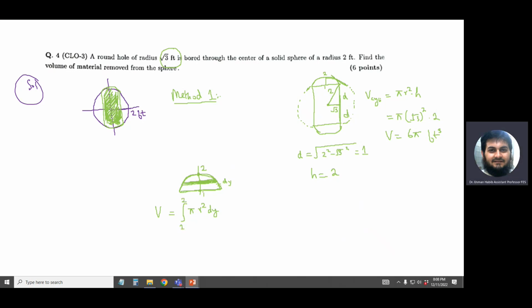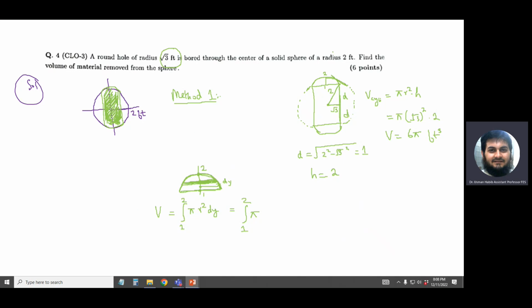We are placing disks from y equals 1 to y equals 2, with volume pi r squared. What is the radius of each disk? It is the distance between this point and this point, which is limited by this circle.